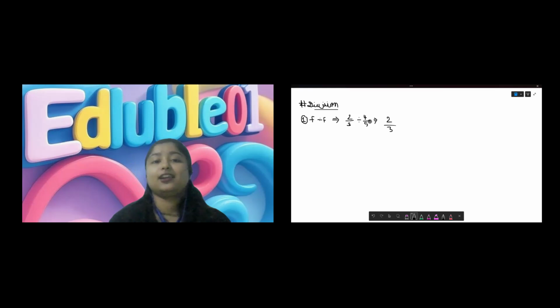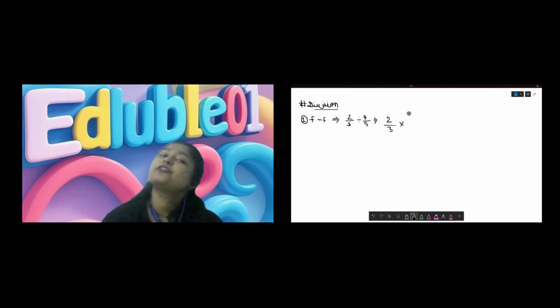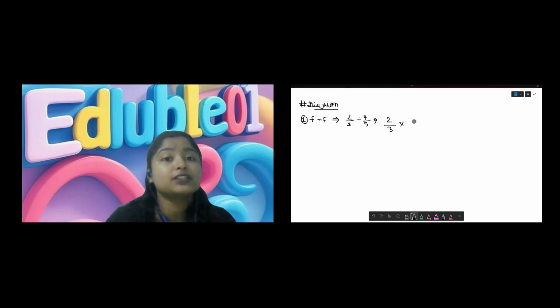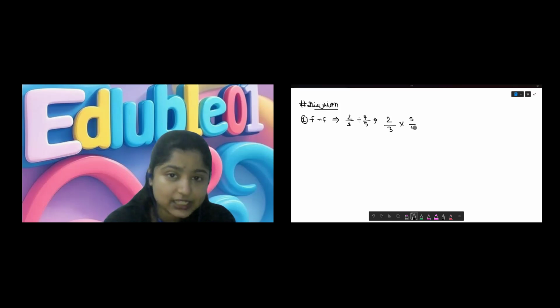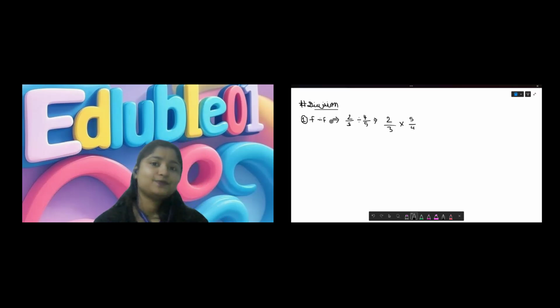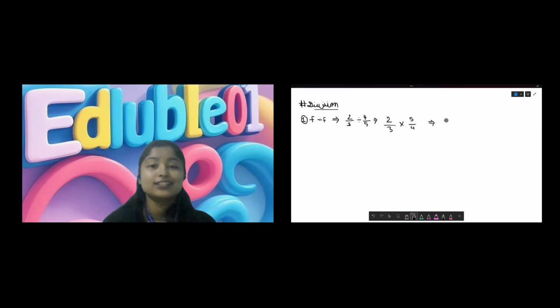Then change the sign of division to multiplication, and reverse the other fraction. That means if it is 4 by 5, it's going to be 5 by 4. We have reversed the numerator and the denominator. Now you know how to do the fraction multiplication. Do that process and that's going to be your answer.